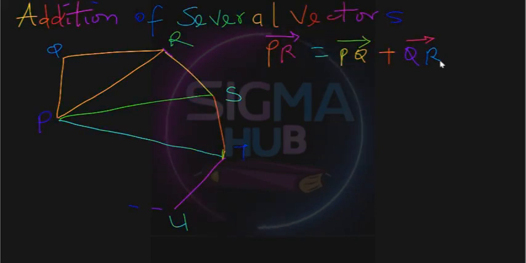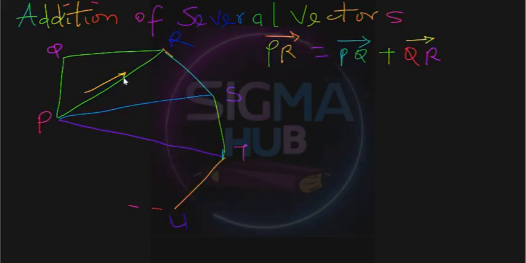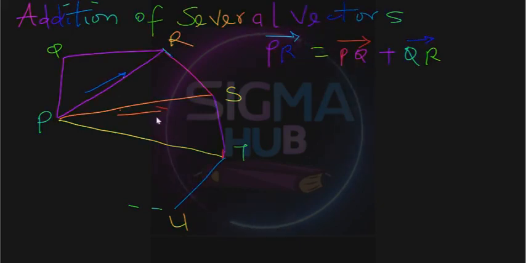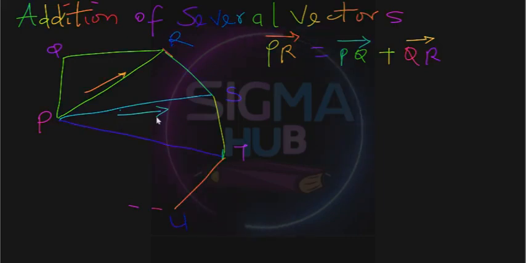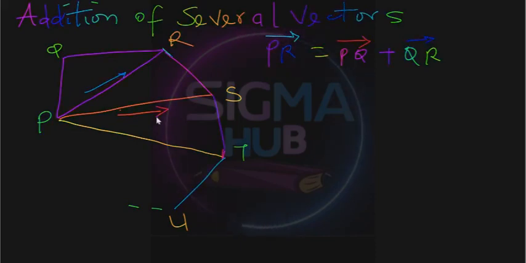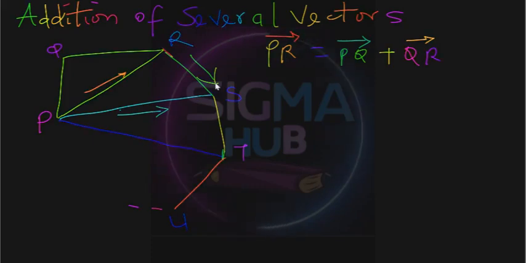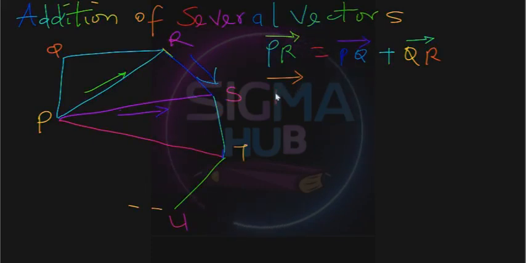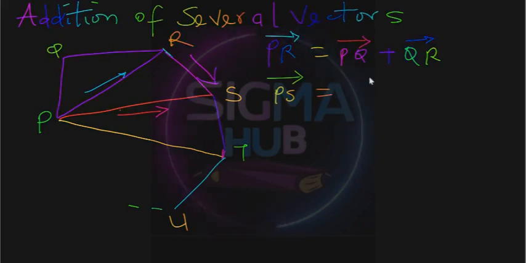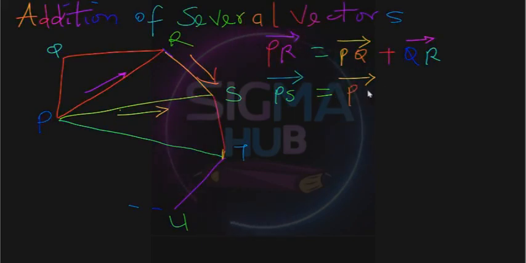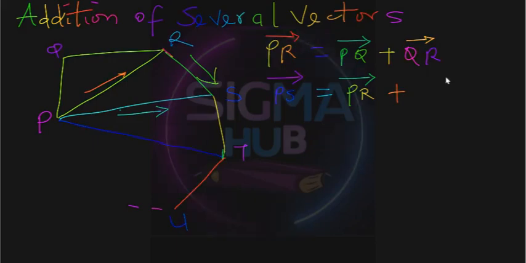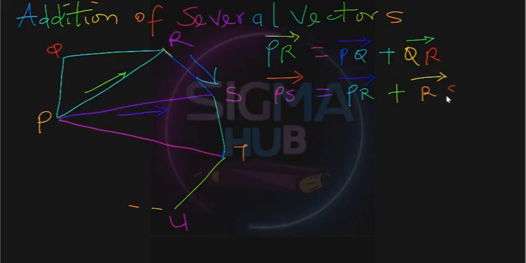Now let's consider the movement from P to S. If I want to move from P to S, it's the same thing as moving from P to R, then from R to S. So PS is the same thing as PR plus RS.